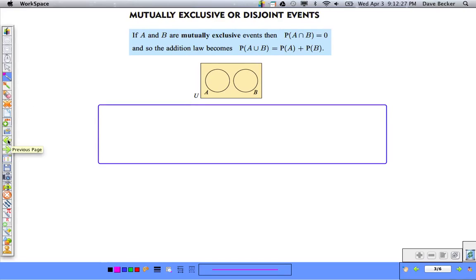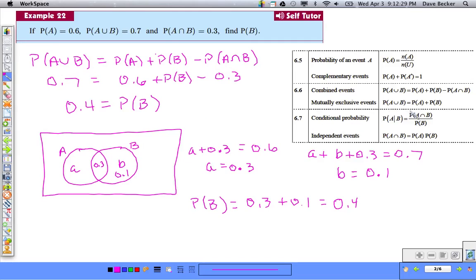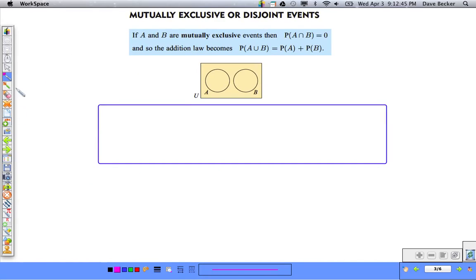And there is a formula for mutually exclusive events. It's the same formula for combined events, but since the intersection is 0, there's no sense in writing minus 0 there. So it's just probability of A plus probability of B.